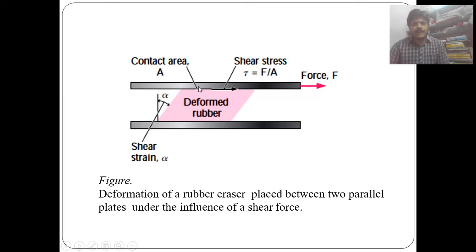This is the contact area. Here you may see the angular gradient that forms because of the applied shear force. What is the shear stress? The shear force applied per unit area.